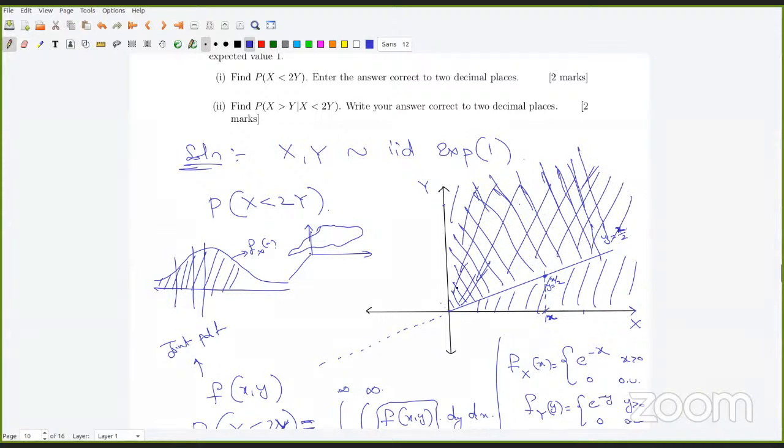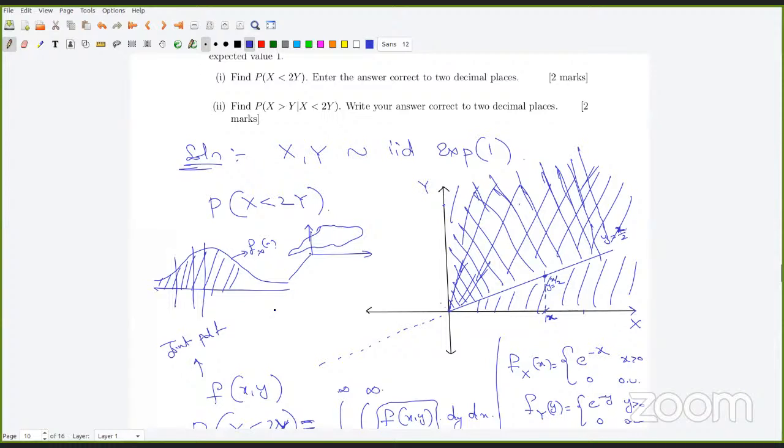X can take 0 to infinity. You take the limits of x as 0 to infinity. Now you treat x as the independent random variable. Now that you have fixed the limits of x, you have to fix the limits of y, and you fix the limits of y in terms of x.